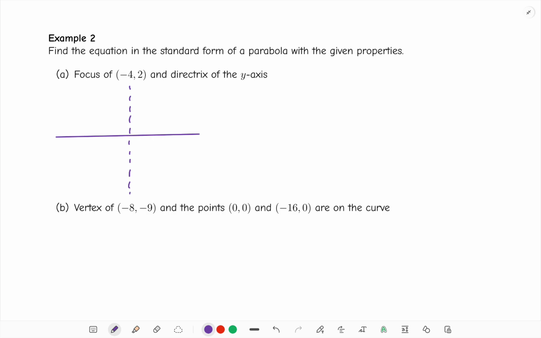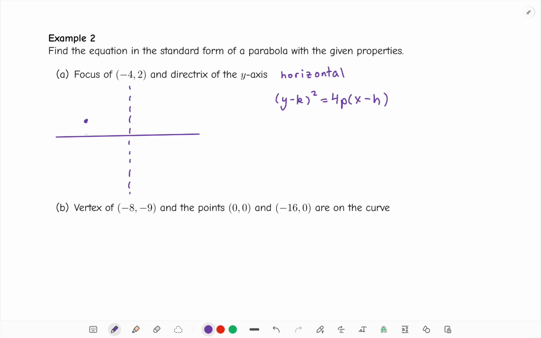There's my x-axis. (-4, 2) is about right there. Well, since the directrix is a vertical line, this is going to be a horizontal parabola. So (y minus k) squared equals 4p(x minus h), because the parabola is always perpendicular to the directrix.